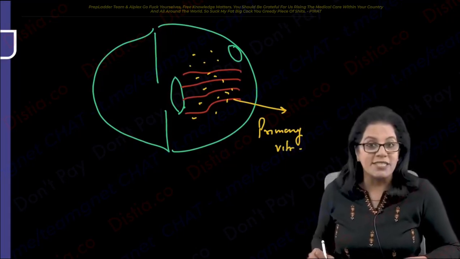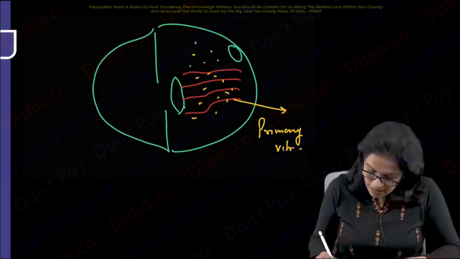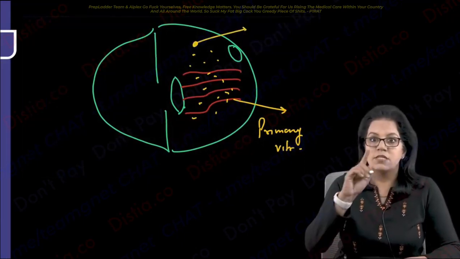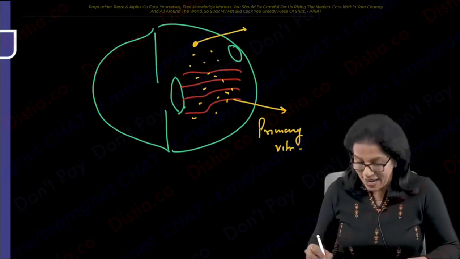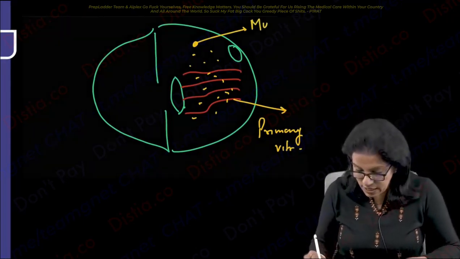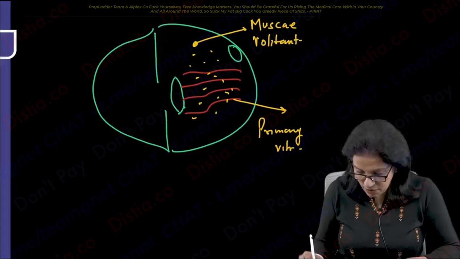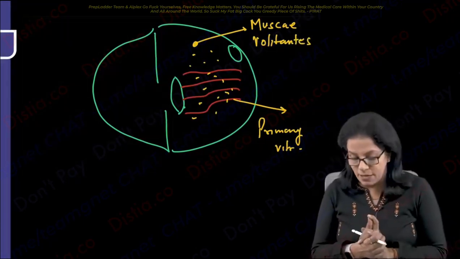If during regression, a very small bit is left behind, okay? This is seen as floaters by the patient. Floaters are objects seen floating in front of the eye. And this is what is called muscae volitantes. We'll remember this, simple, muscae volitantes. Floaters are nothing but opacities in the vitreous cavity.